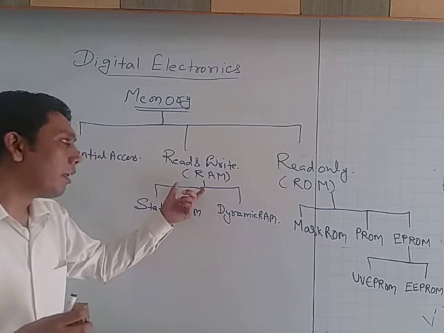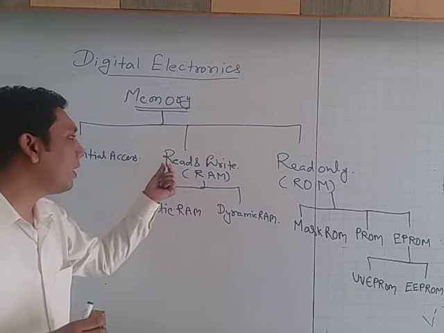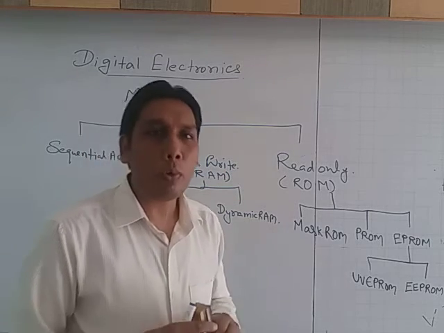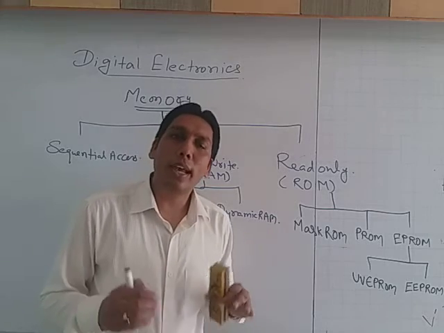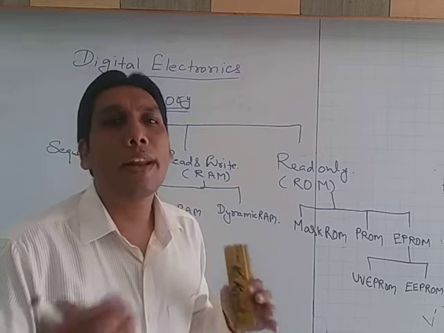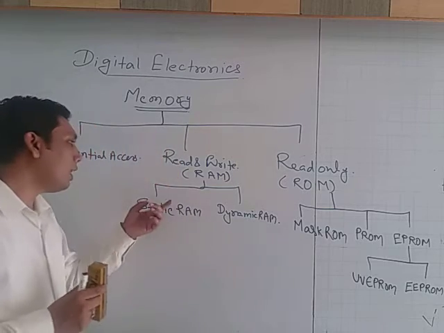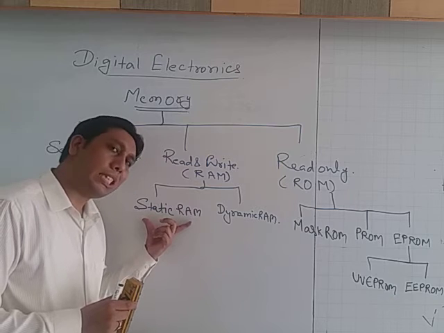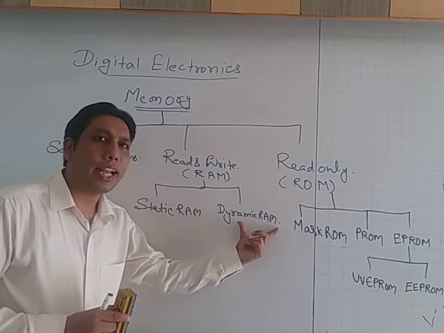This RAM is also called read and write memory, because the user can read the information as well as write the information. Basically, RAM is divided into two types. The first one is static RAM and the second one is dynamic RAM.